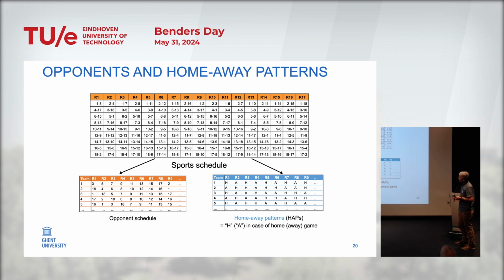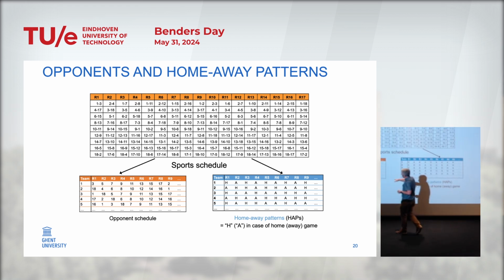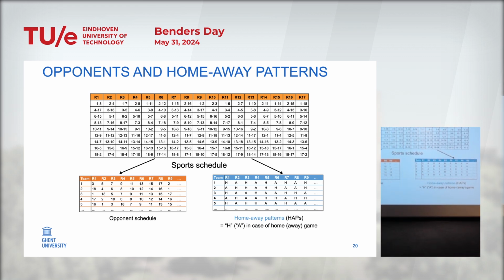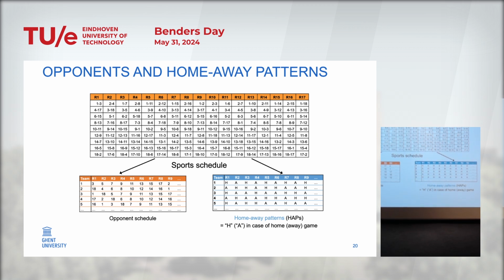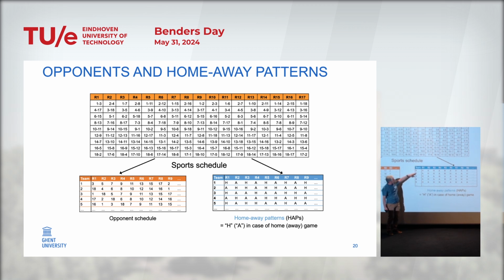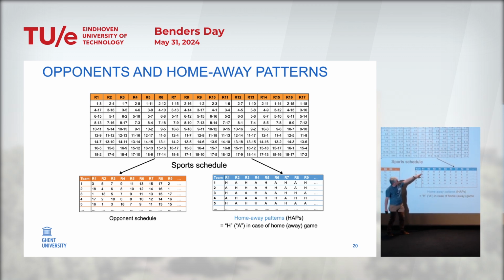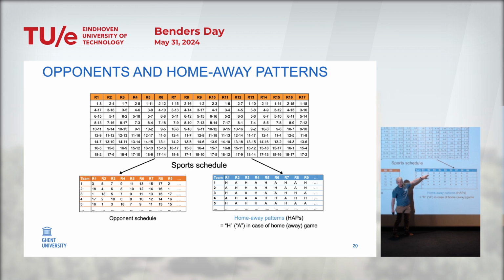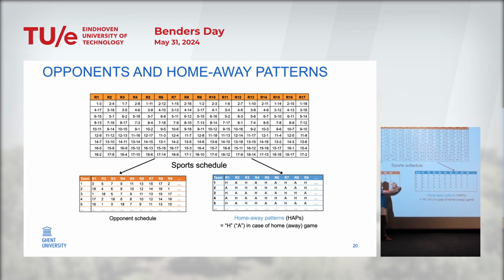This schedule is actually the combination of an opponent schedule, which tells you for each team what the opponents are in the various rounds, and a set of home-away patterns. This shows you for every team whether it plays home or away for every round, okay? If you merge these 2, you get the schedule, okay?